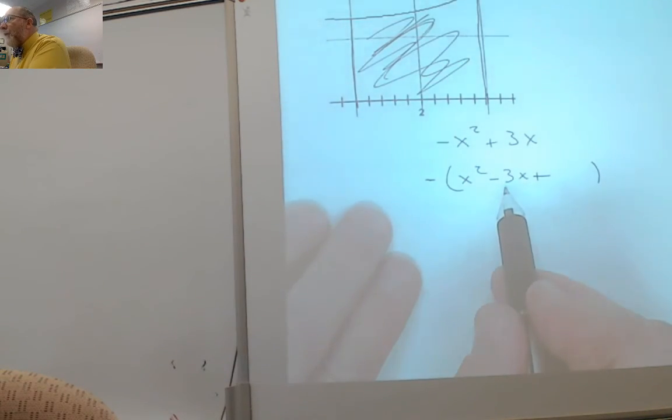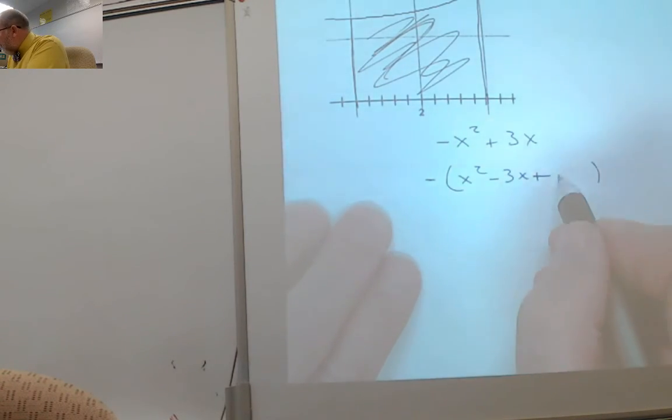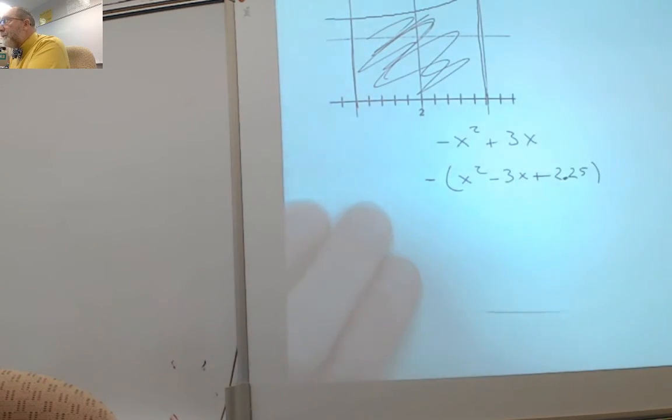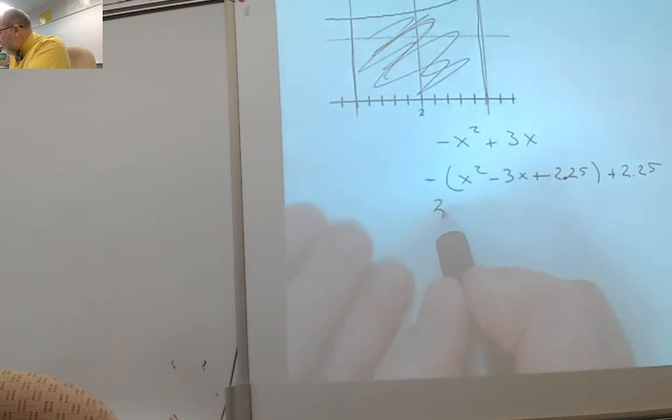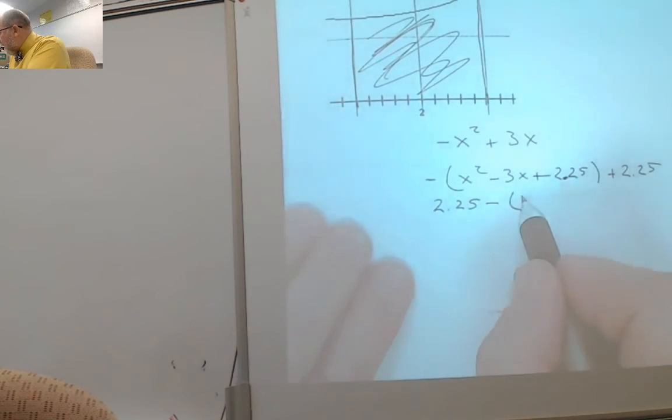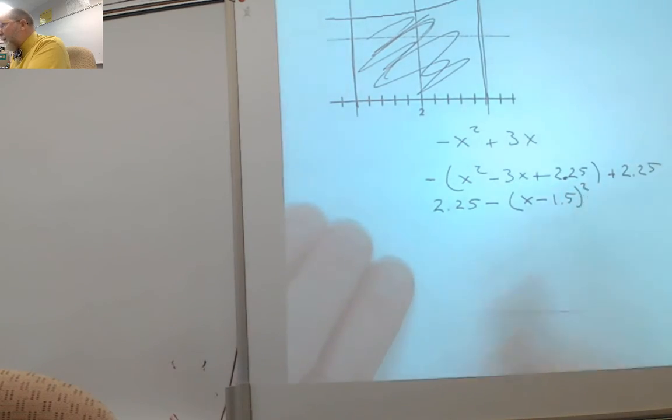A negative 1.5, correct? Squared is 2.25. What will I write here? Plus 2.25. In other words, it's 2.25 minus (x minus 1.5) squared.